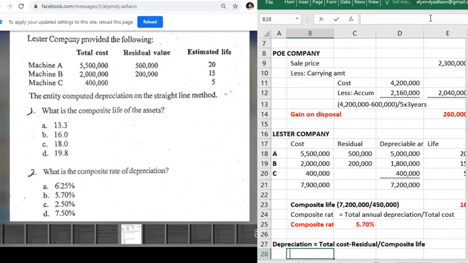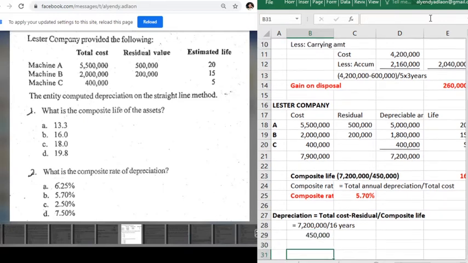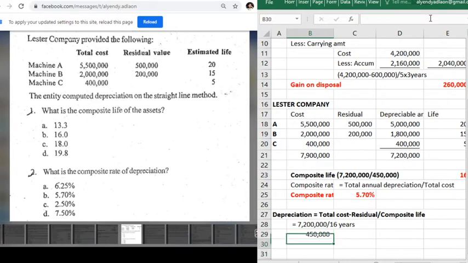So how much is the total cost less residual value? That is the depreciable amount, right? So 7,200,000 divided by the composite life of 16 years. So how much is our depreciation for the first year? Okay, so we have 7,200,000 divided by 16, that is 450,000. We're going to use the composite life.